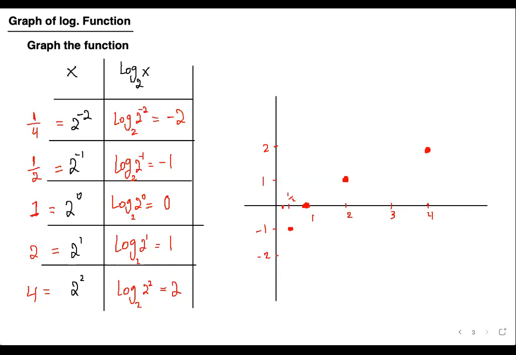So the point should be around here. So the graph of this function actually should be something like this. So this is the graph of the function, the logarithm of x to the base 2.